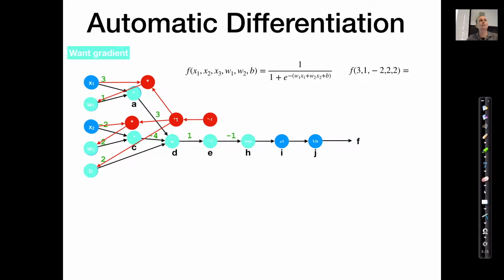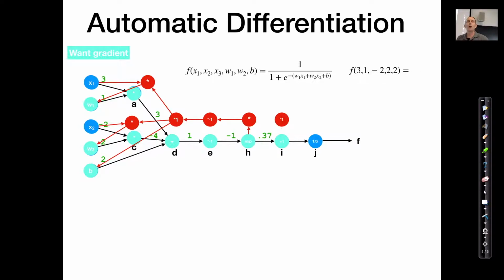Because the derivative is e to the x. So do we have a value e to the x? Well, actually, this is e to the x. So the output of this is going to go into here, and we want to multiply e to the x times whatever the gradient is here. So we already have an e to the x, so we just take it.